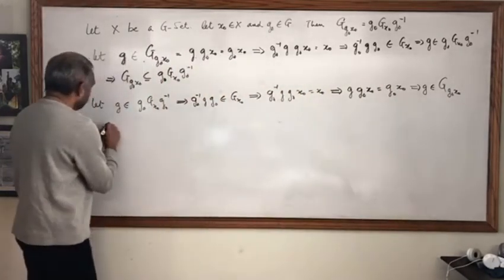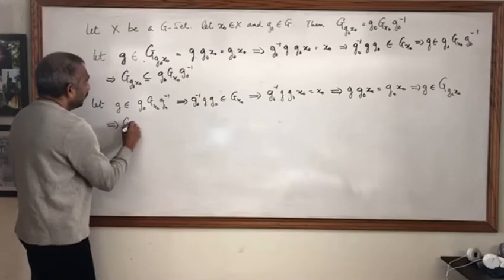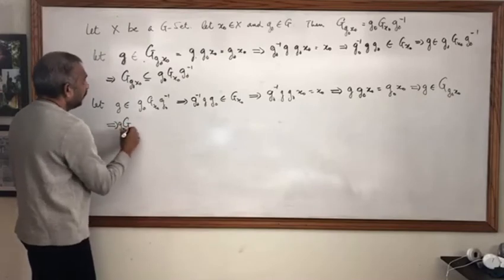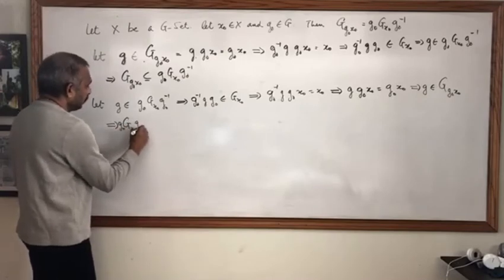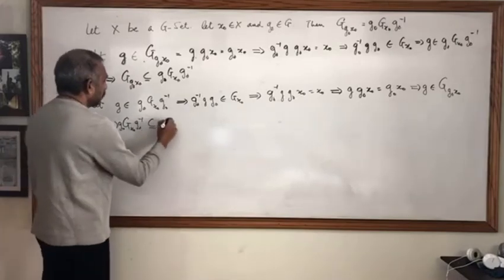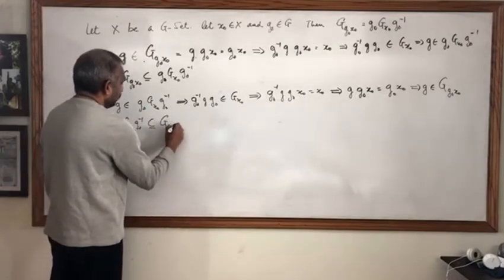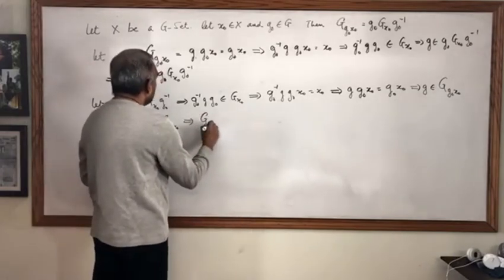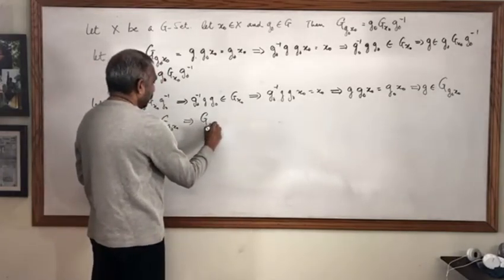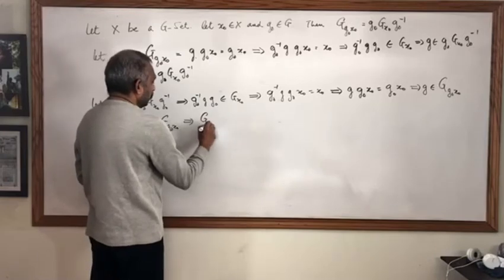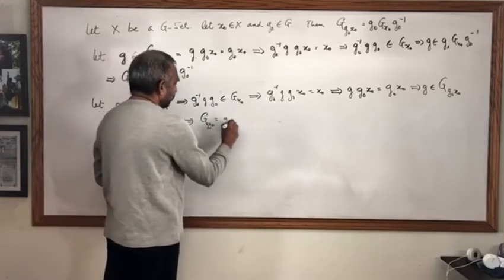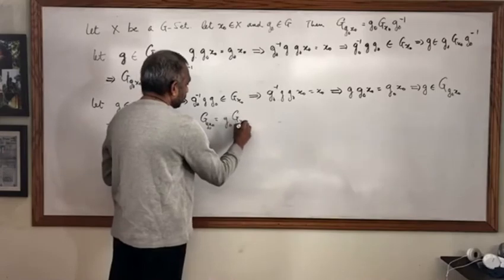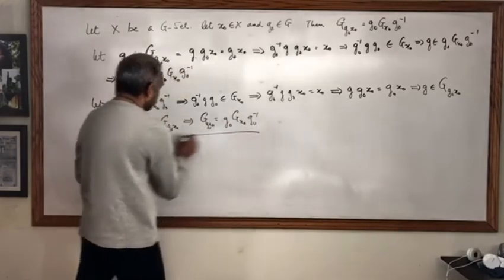And that implies g0 G_x0 g0 inverse is a subset of G_{g0 x0}, which implies G_{g0 x0} equals g0 G_x0 g0 inverse.